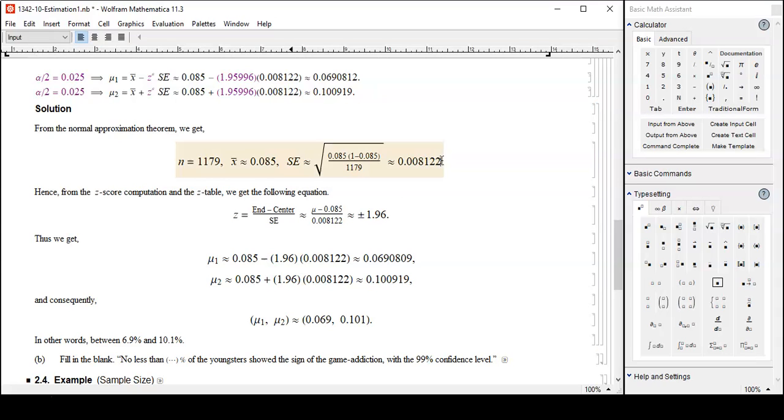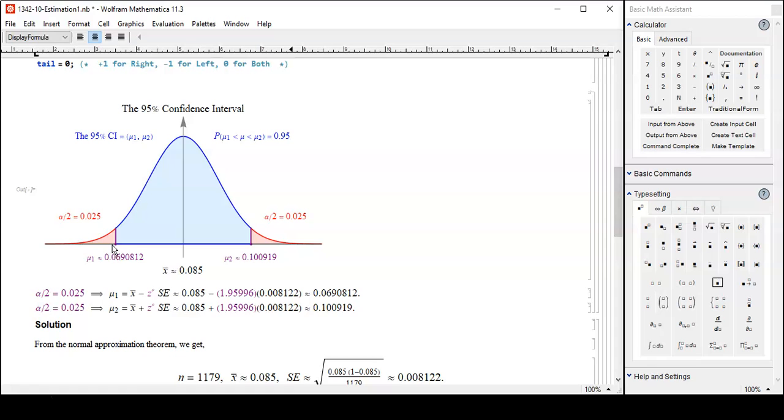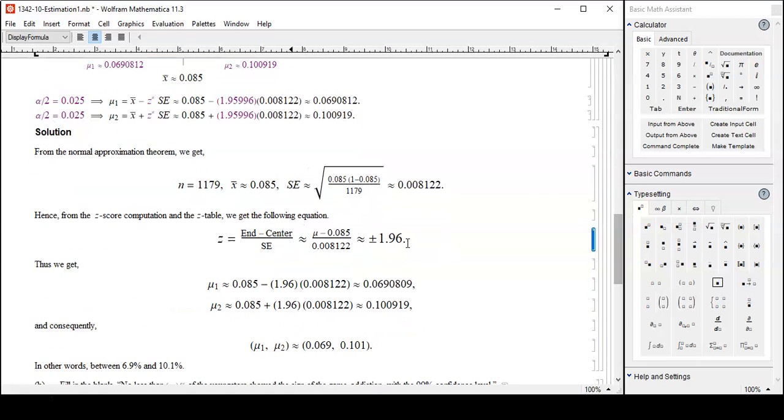Here's the solution. Yeah, n value and observed proportion, the point estimate, and standard error computation. The formula number 1, n minus center over SC from that picture. If you do that, and for 95% confidence level or 2.5% to the side, you're going to get plus or minus 1.96.